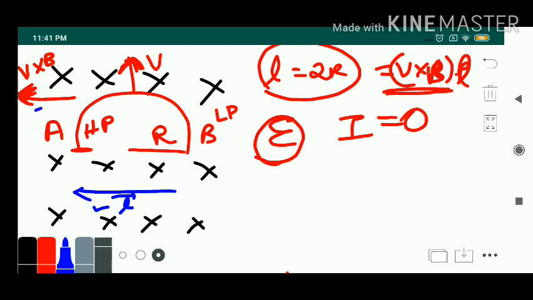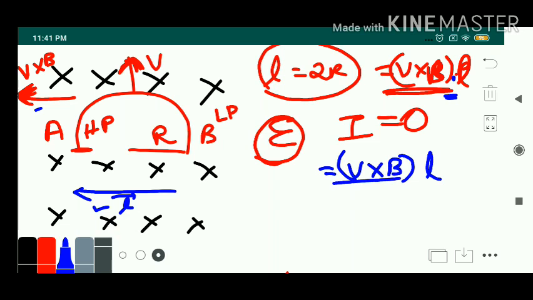So the angle for this dot product, that is dot, means cos, sorry, I don't know why I'm making this mistake. So dot product means cos, and cos 0 becomes 1, so you do not take it. So V cross B just gives L. Now what is V cross B here?